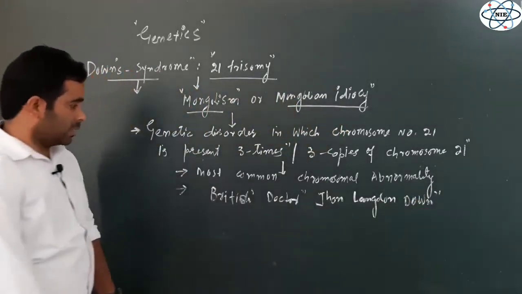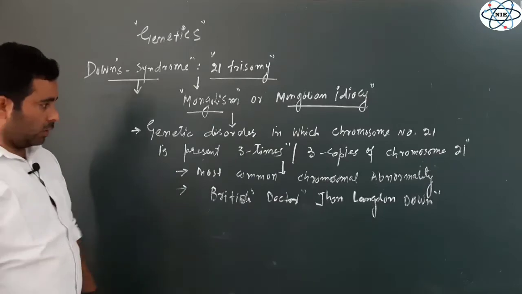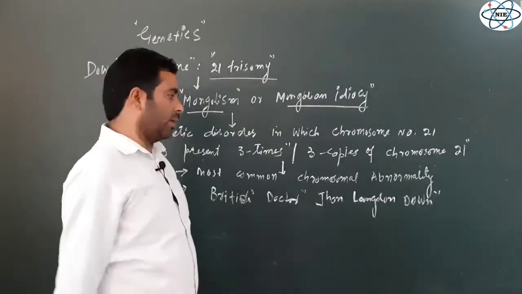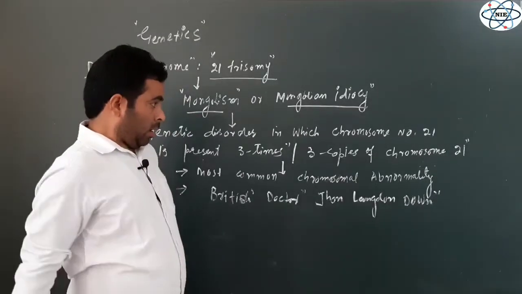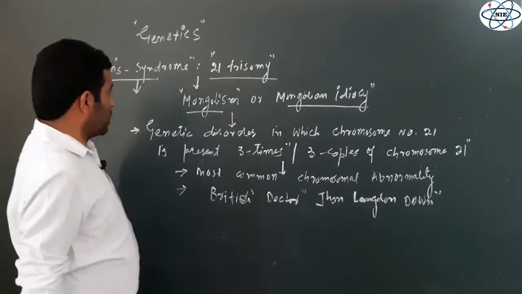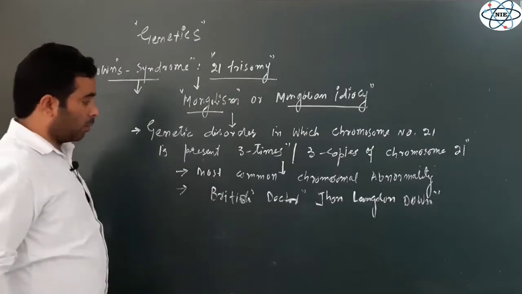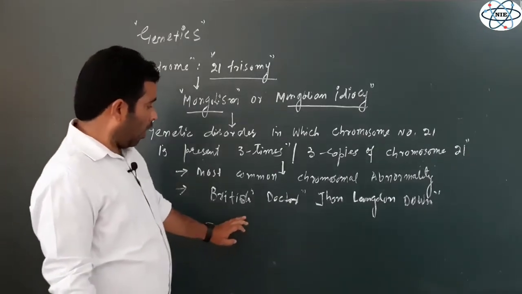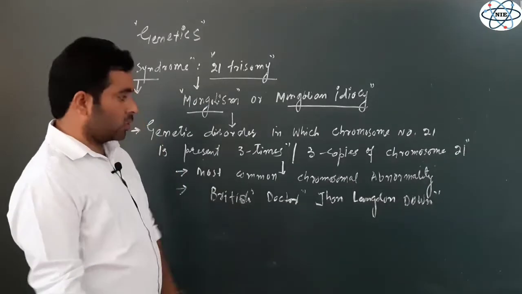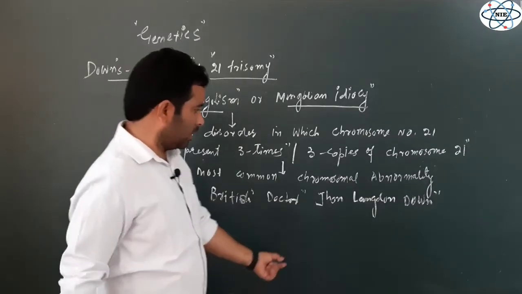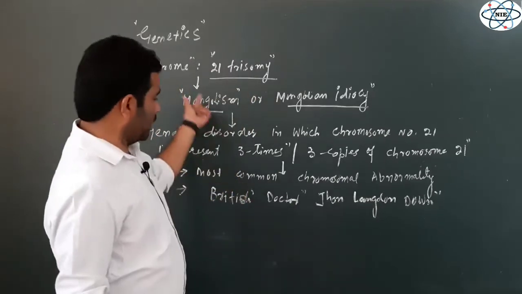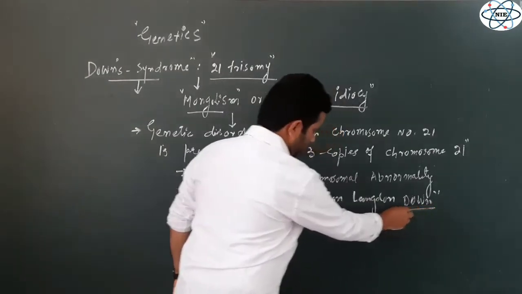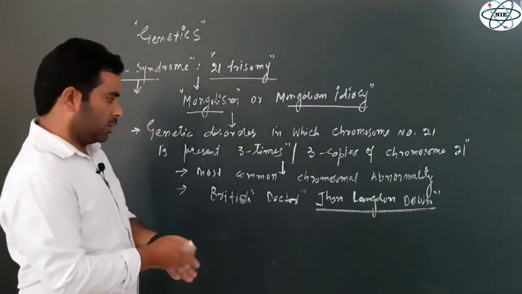It was first discovered by this British physician on the basis of symptoms. He was not aware of the molecular or genetic cause of Down syndrome, but on the basis of different symptoms, he called this disease Down syndrome. He used his own name. So that's why this syndrome is known as Down syndrome. It is actually this British doctor who discovered this syndrome.